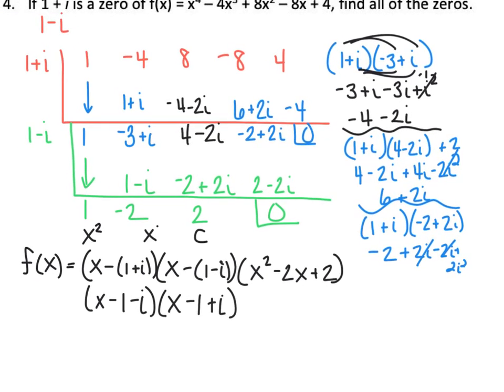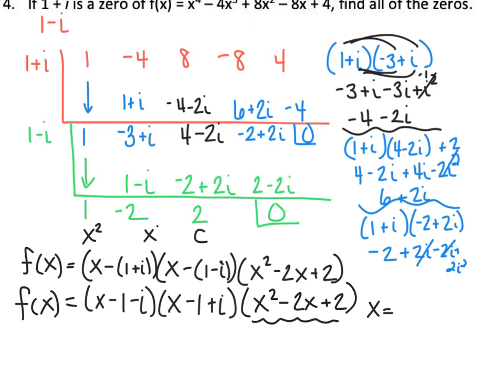And I'm looking at my third trinomial, and I don't have any factors of 2 that are going to add to negative 2. Why do I care? Because I got to find my zeros yet. So here it is in factored form. It's not going to break down any further, but to get all of my zeros, I do believe I'm going to need to do the quadratic formula over here on this one.